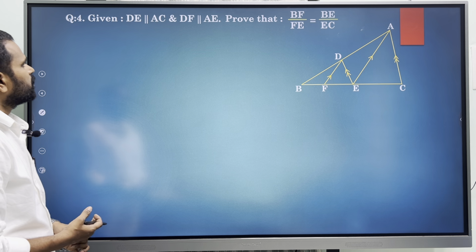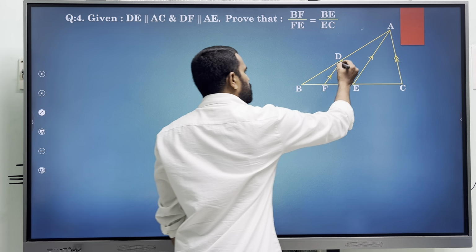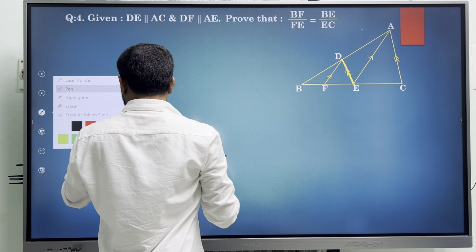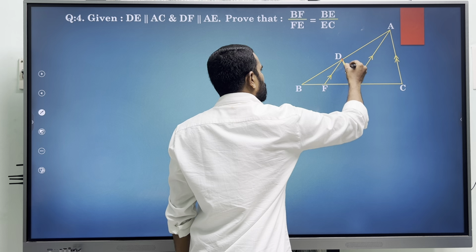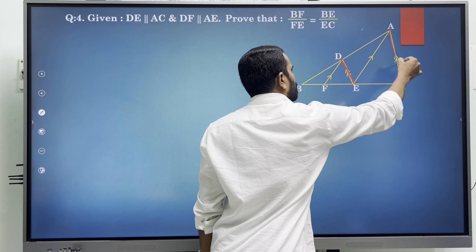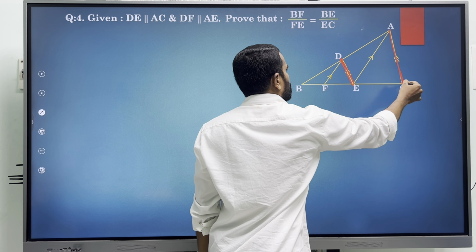Next, see here. DE is parallel to AC. So in this case, what do we have to do?